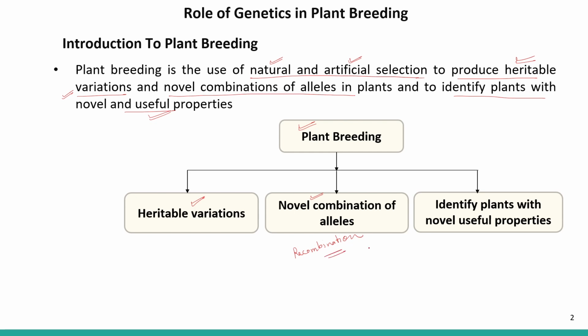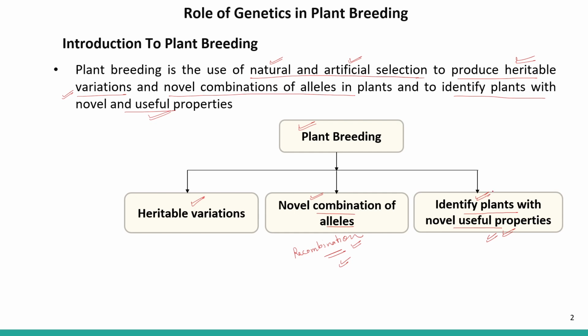Novel combination of alleles means there is a union or combination of alleles that is different from the parental one, and that gives you the new recombination, right? And identify plants with novel useful properties. So the recombinant which has useful properties has to be identified, then only will that plant breeding be beneficial for us.